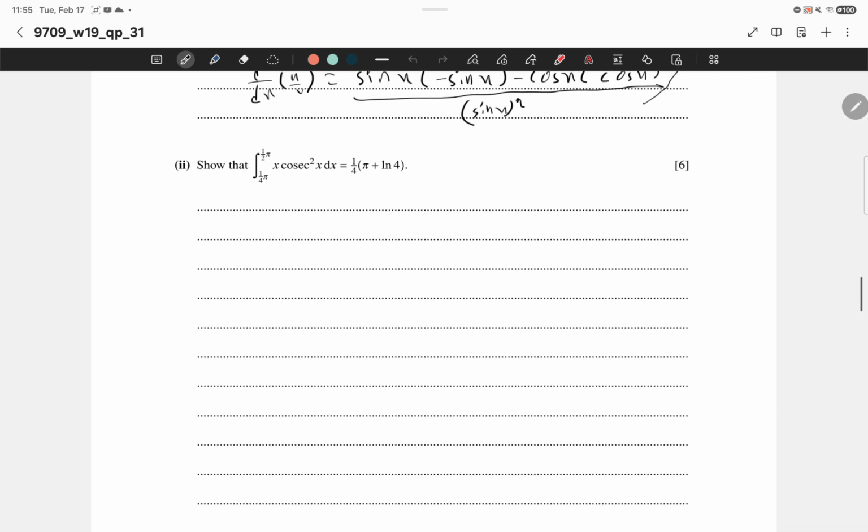Okay, the formula that we are going to use is this one.